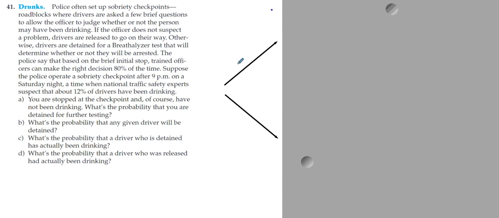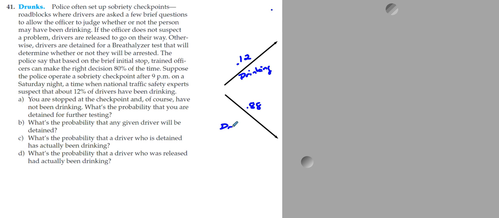The probability that they have been drinking is 0.12, as given in the problem. So 12% of people are drinking when they pull up to these checkpoints. That means 88% have not been.